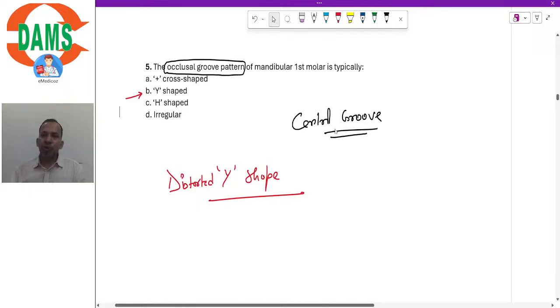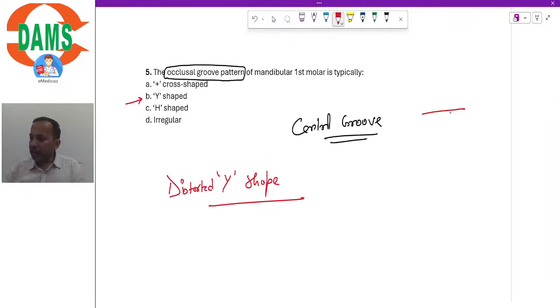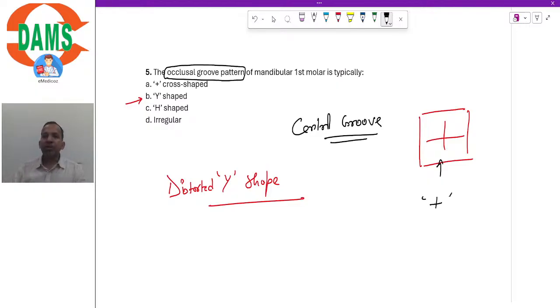अच्छा, अगर कोई आप पूछे what is the central groove pattern in case of a mandibular second molar? This is the mandibular second molar. As you can see very clearly, the pattern of the central groove on the mandibular second molar resembles a plus shape, isn't it? Or a cross shape.